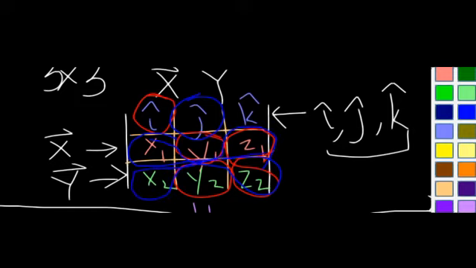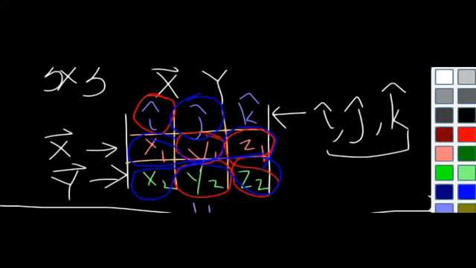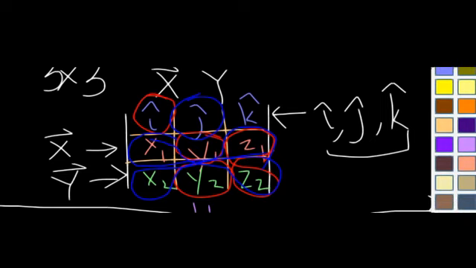And k hat: you multiply x1 and y2 and subtract y1 and x2.